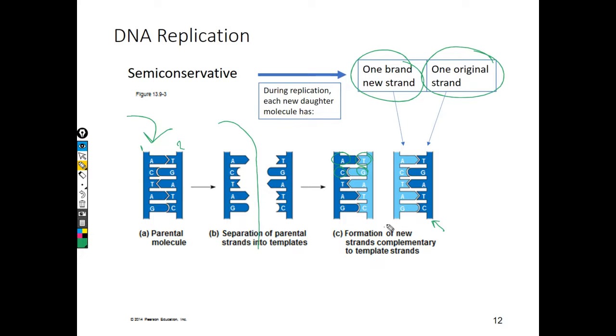But then we have the brand new strand. Okay, so semi. Okay, so this part is brand new. Now, we'll eventually talk about all these different checks and balances, so it's unlikely this is messed up. Okay? But if there is a mistake, it's going to be on this side, right? Because this is the side we hand built. Okay, make sense?